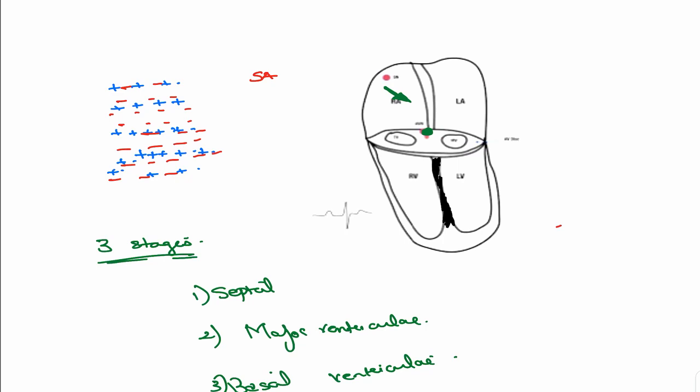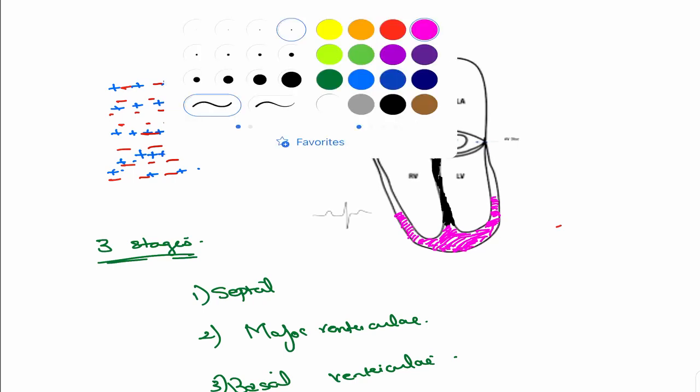Now after that, where are the major ventricular muscles located? This is the major ventricular region coming downwards, and then it depolarizes and goes up in this direction. If this is the apex of the heart, then there should be a base of the heart.